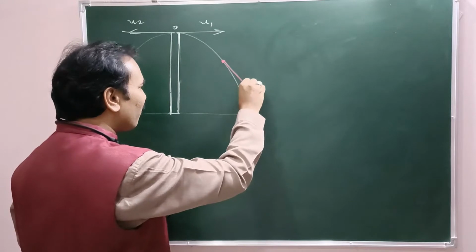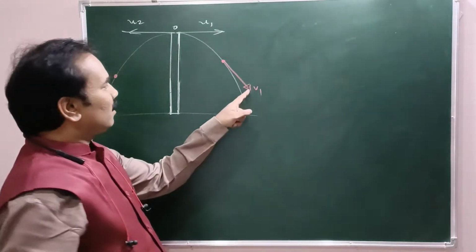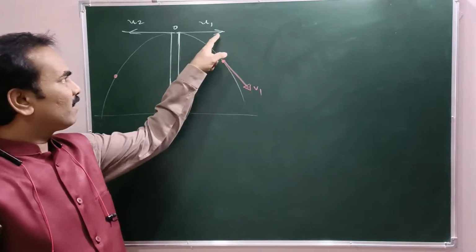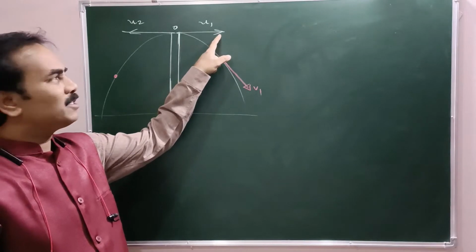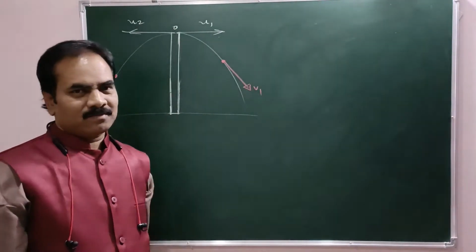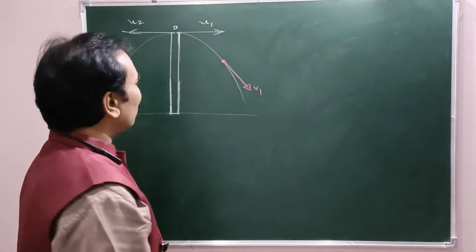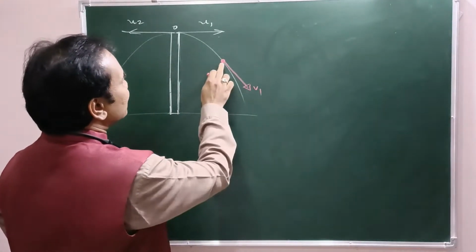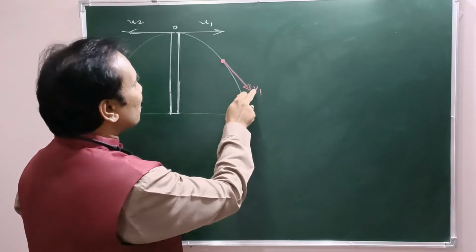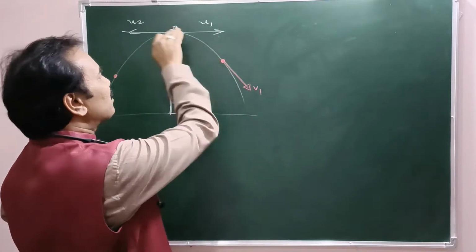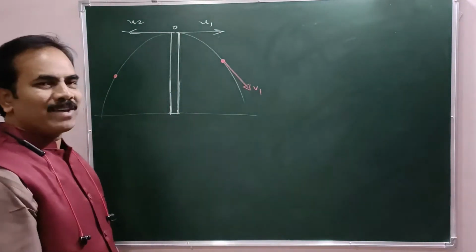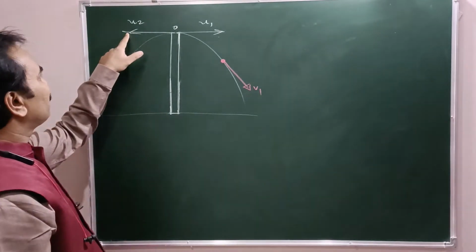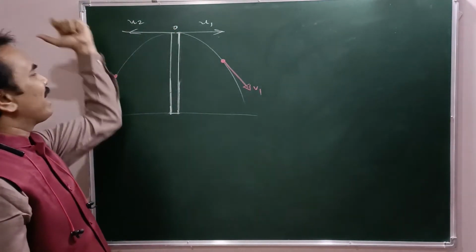See, this is V1. V1 means the instantaneous velocity of the first projectile, which is projected rightwards along positive x-axis. This is the instantaneous velocity of the first projectile. Now coming to the other one, which is projected towards negative x-axis.